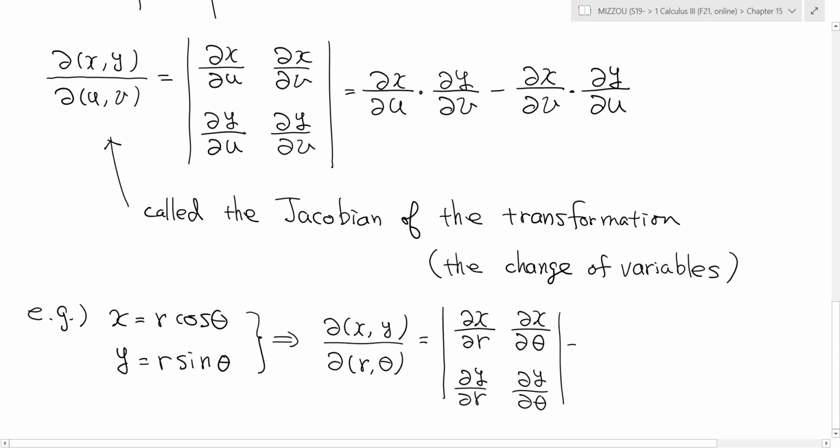And if you work this out, you differentiate x with r, you get cosine theta. You differentiate x with theta, you get negative r sine theta. You differentiate y with r, you get sine theta. And if you differentiate y with theta, you get r cosine theta.